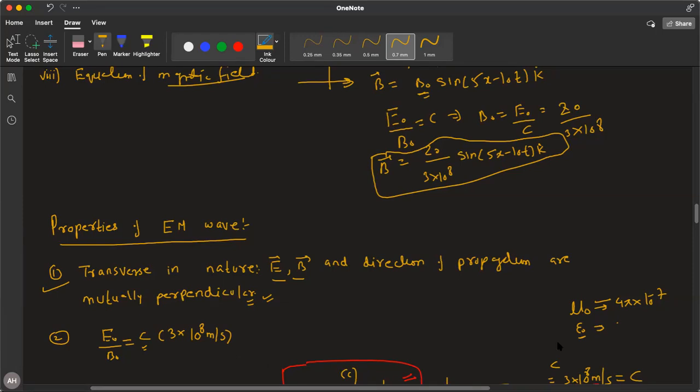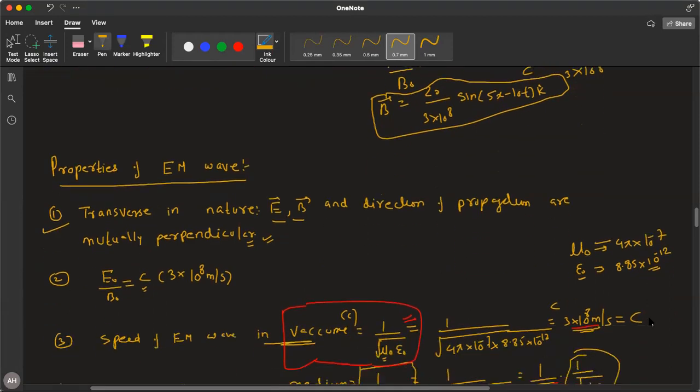Ahmed, do you remember the value of epsilon naught? Epsilon naught or mu naught? Epsilon naught. Yes, it should be 8.85 into 10 to the power minus 12, I guess. Right, Abdullah, look at 8.85 into 10 raised to minus 12.